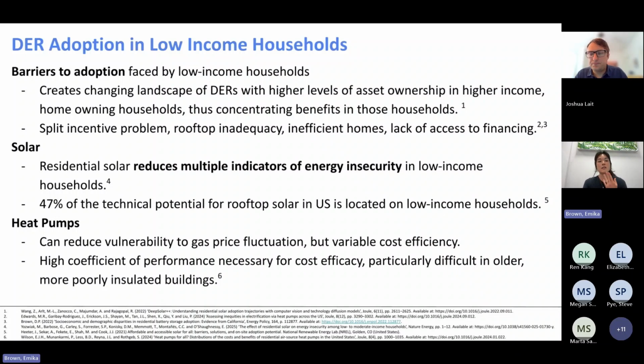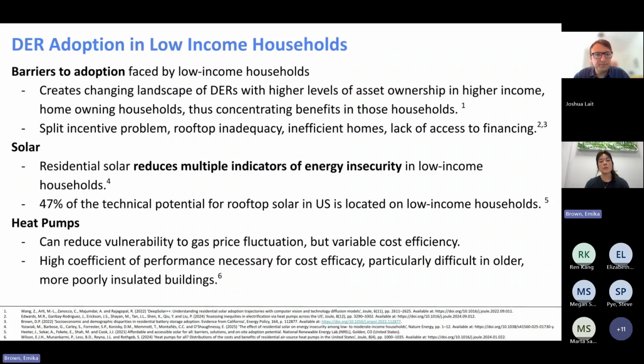There's been a lot of research on how it can reduce many indicators of energy insecurity, such as reducing your use of heating and cooling, defaulting on energy bills, or disconnecting from the grid to try to reduce energy bills. This is also interesting because there's huge potential for rooftop solar deployment in the US, with 47% of the technical potential located on low-income households. So this is a huge market and potential that isn't being accessed, or is having quite delayed access, because of those barriers.